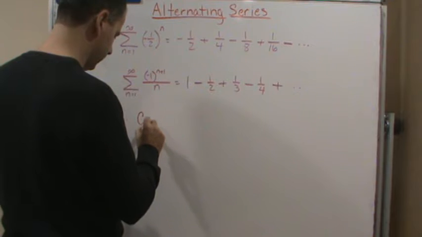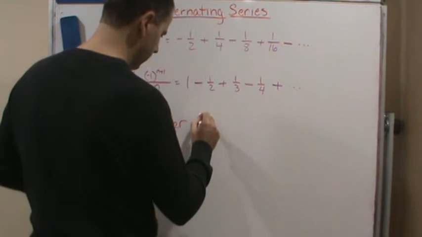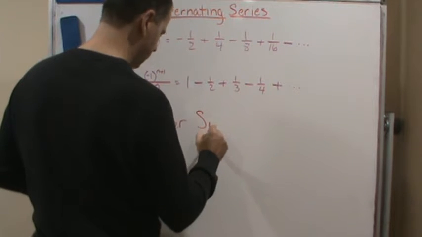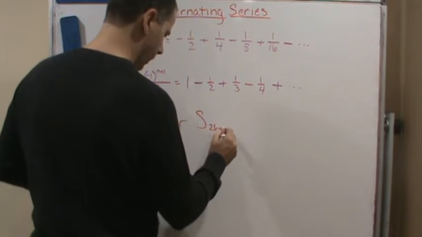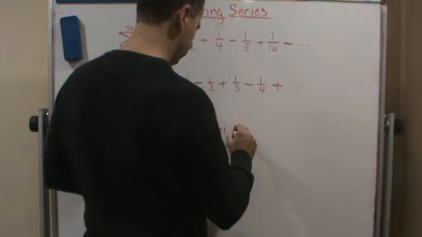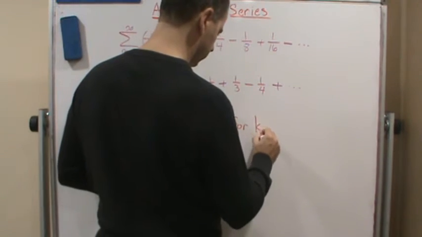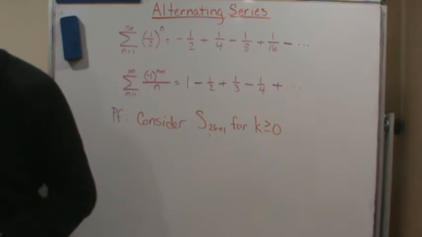So we'll consider s of 2k plus 1, for all k greater than or equal to 0.